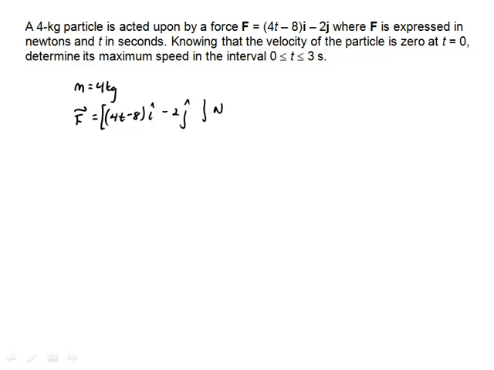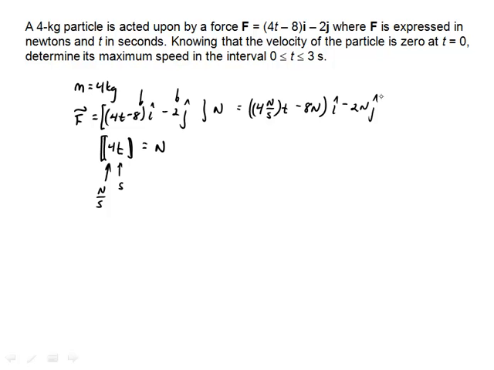Let me take a moment to state this. 4t has units of newtons, and since t is in seconds, the 4 must be in newtons per second. The 8 and the 2 are newtons. So I could write this as 4 newtons per second times t minus 8 newtons, all in the i hat direction, minus 2 newtons in the j hat direction. It's just another way of writing out that quantity.